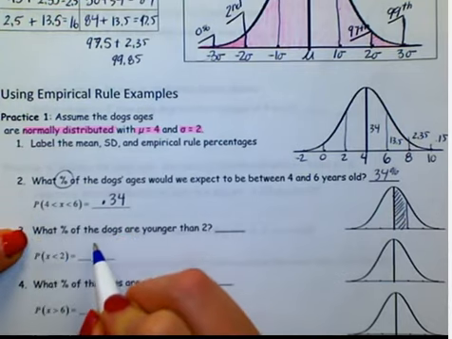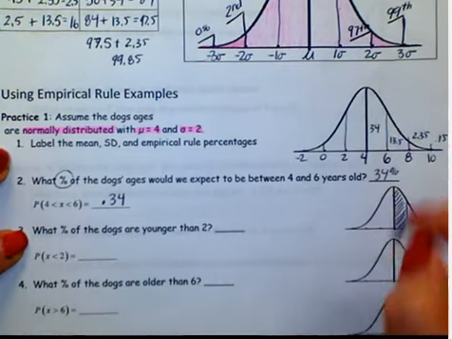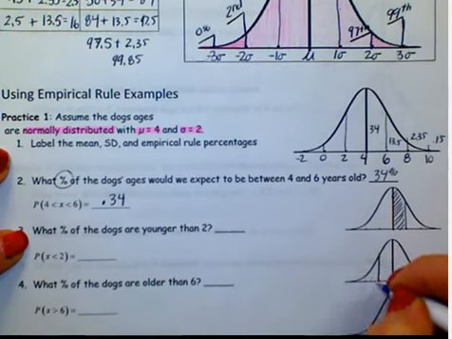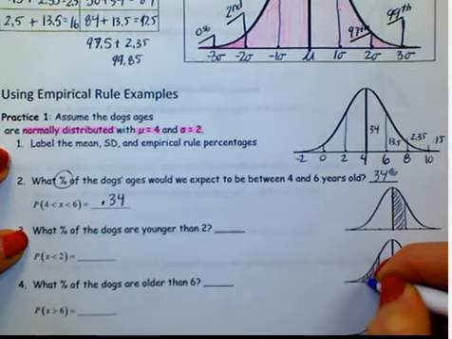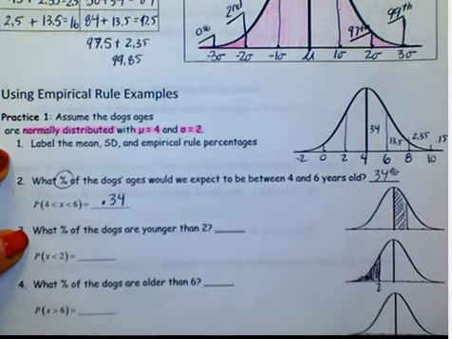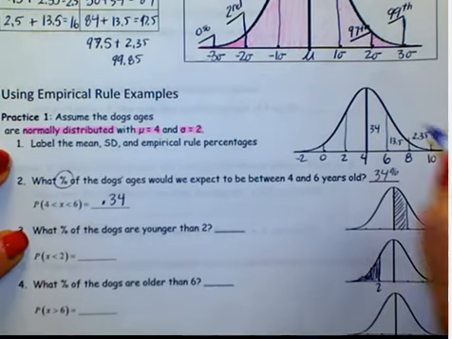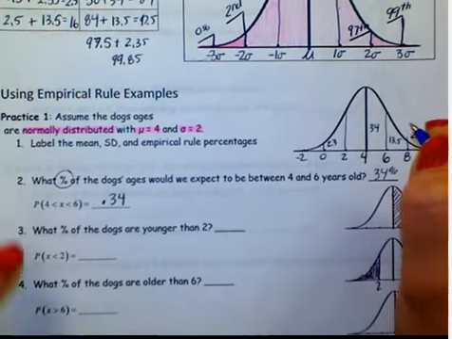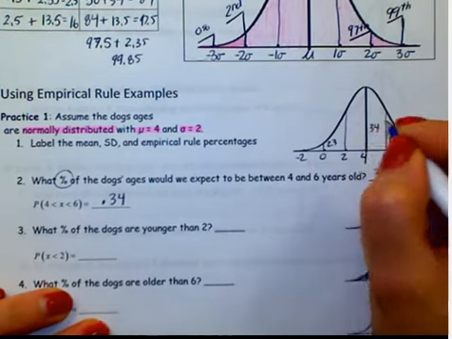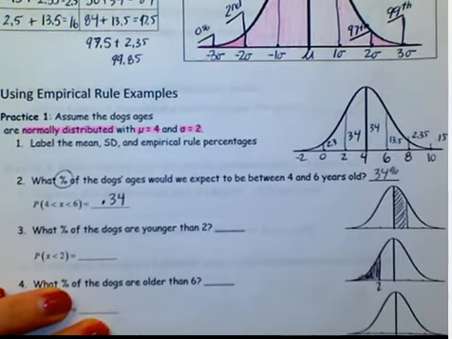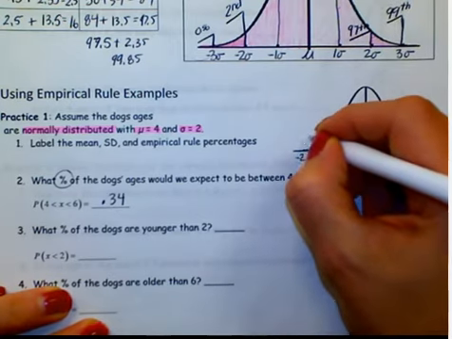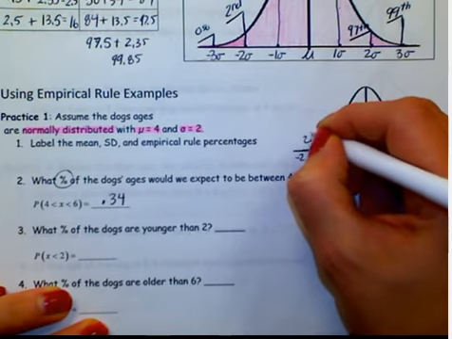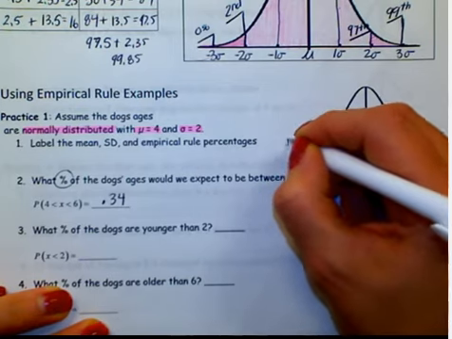What percent of dogs are younger than 2? Okay, so I'm looking at this section. So that would be, okay, let's see if I can't label. I'm going to label both sides here. 13.5, 2.35, 0.15.